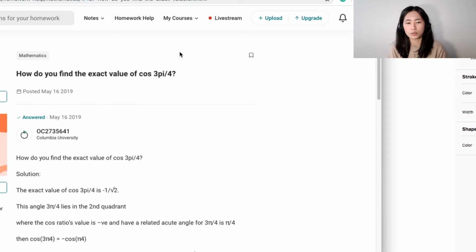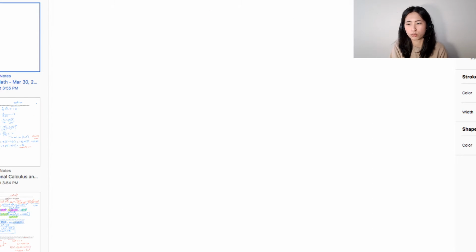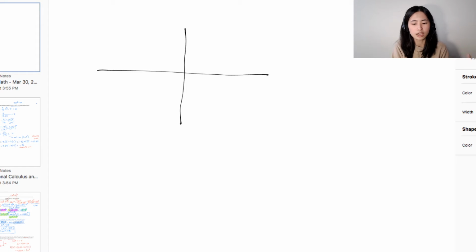Because this is 3 pi over 4, let's start off by drawing our quadrants. First of all, when we have cosine 3 pi over 4, how do we know what 3 pi over 4 is?